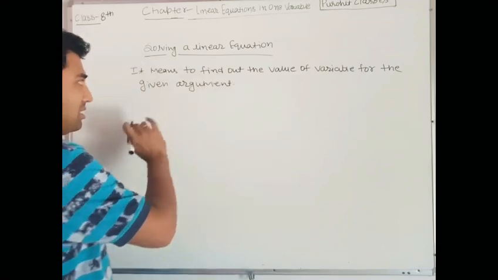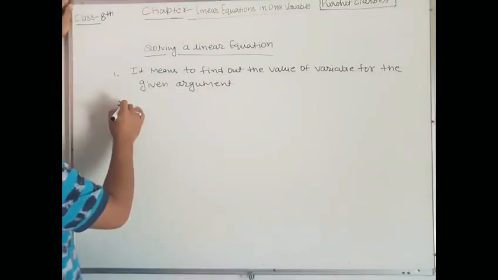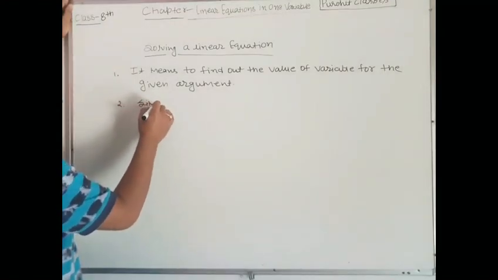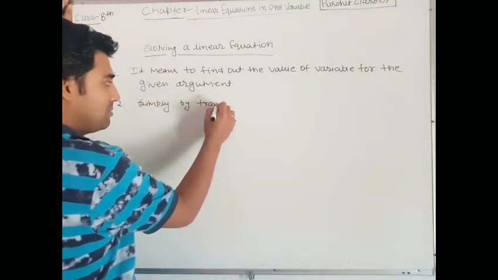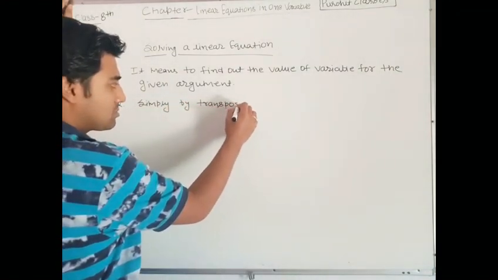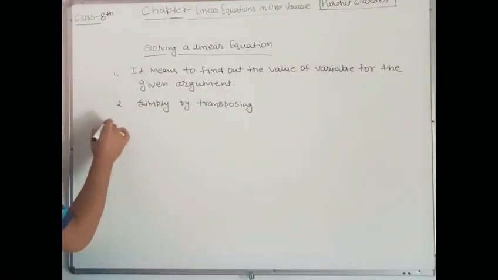Now we will understand how we will find out the value of the variable for the given argument. Simply by transposing. Understood? So let us understand with the help of an example.